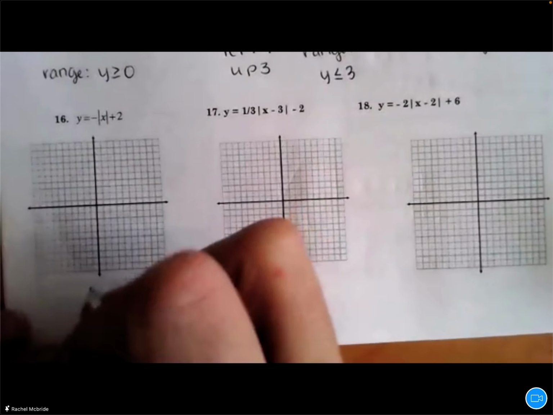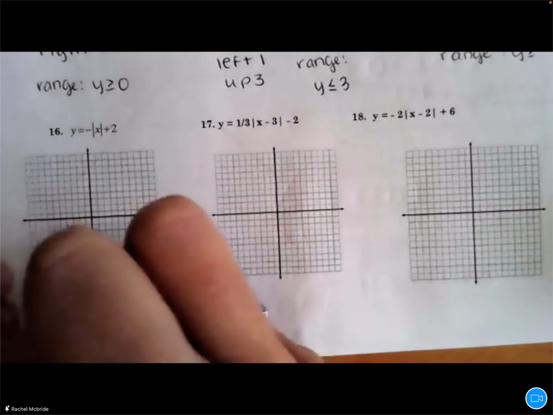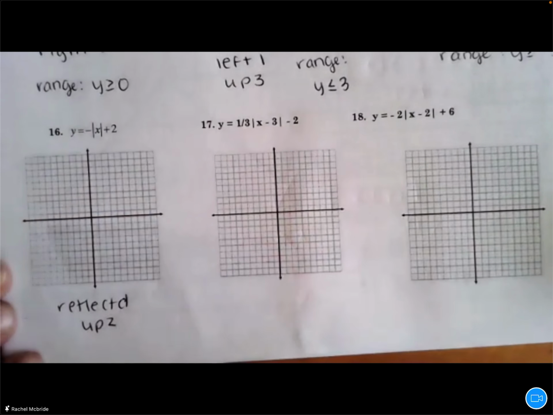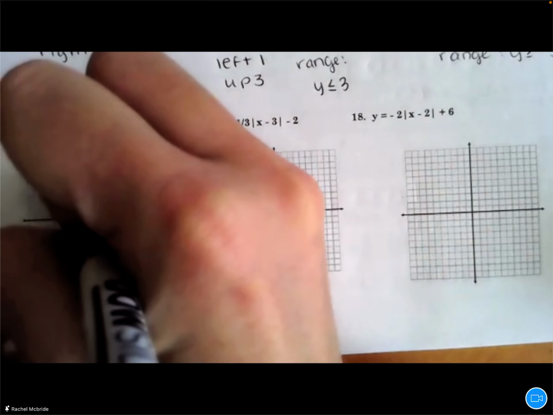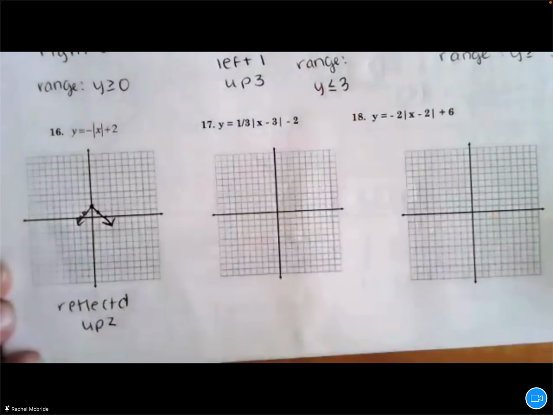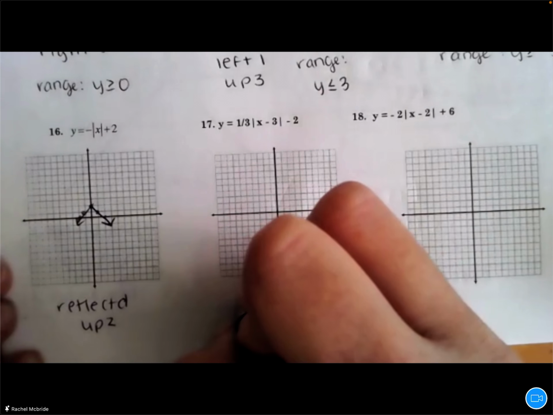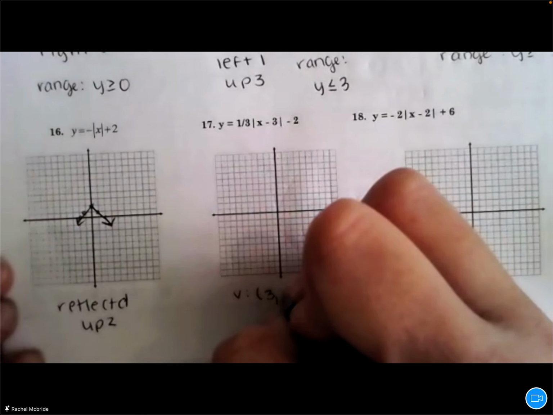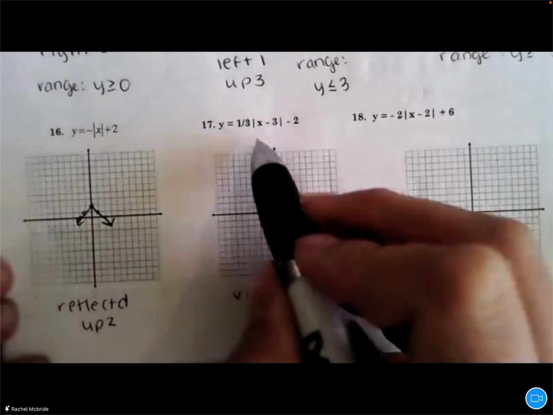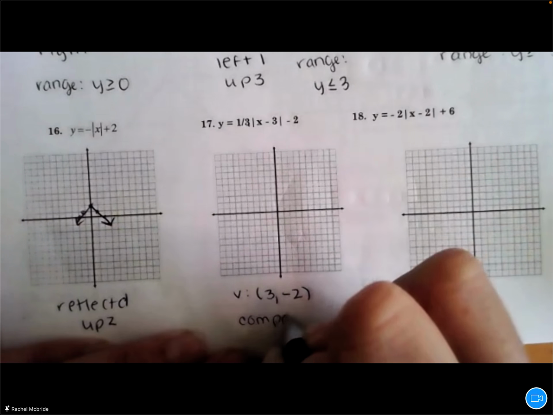In 16, it's reflected and up 2. In 17, my vertex is 3, negative 2. A 1/3 tells me compressed.